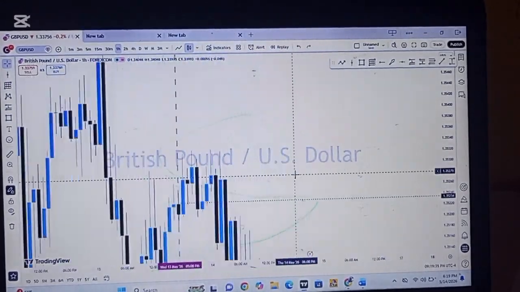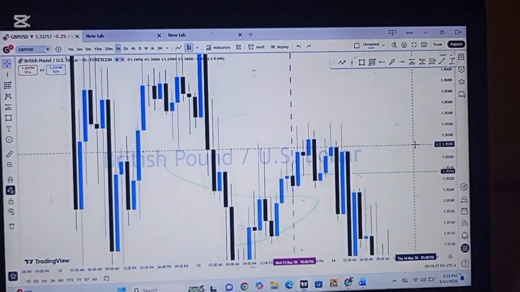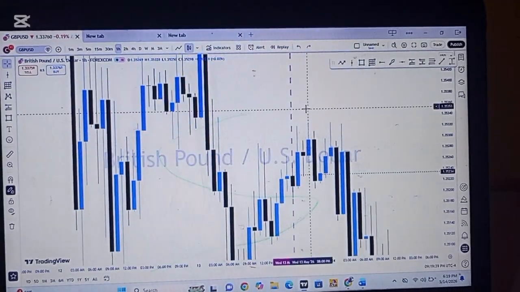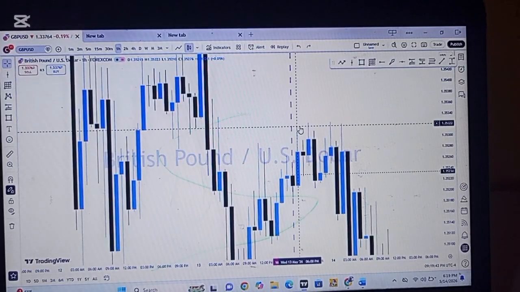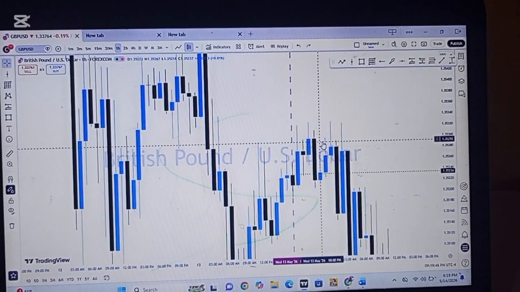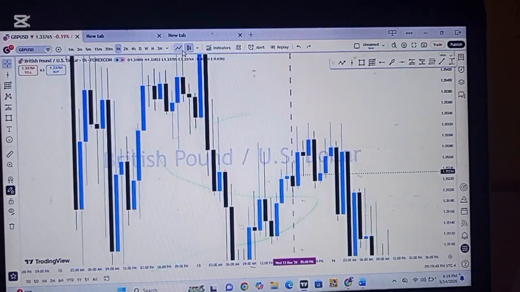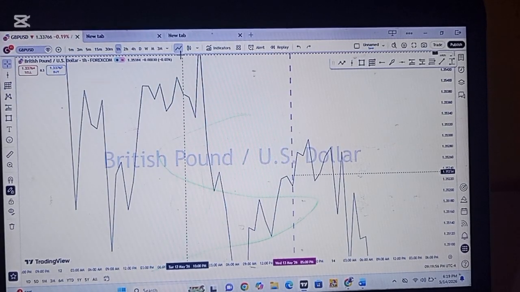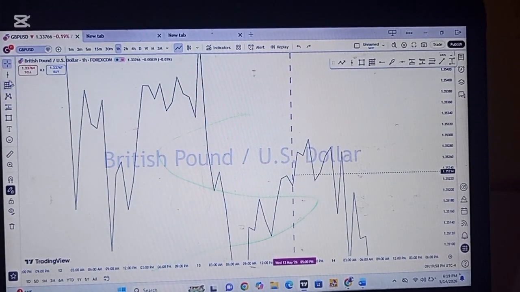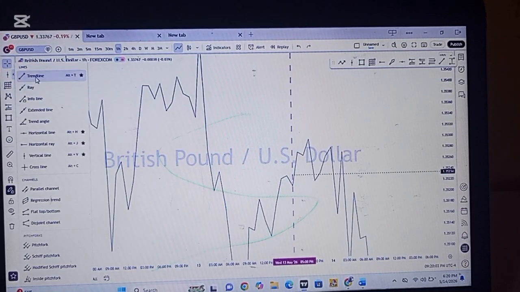So you can come here and you look for any key level. So for key levels we have fair value gaps, breaker blocks, mitigation blocks. And I can also see a trend line resistance.